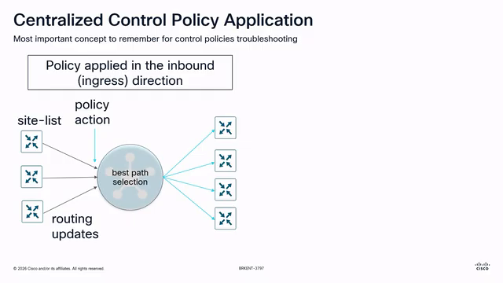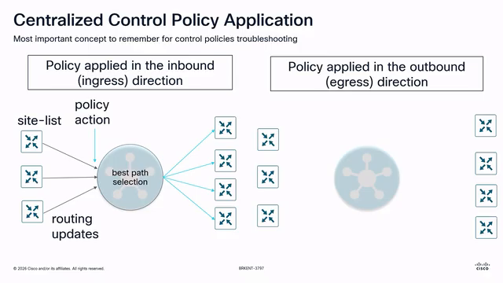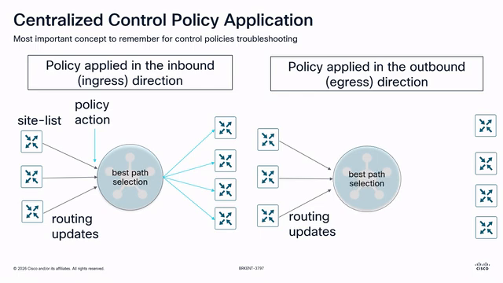And then the result of best path selection will be sent to all of the devices connected to the smart controller, right? While with an egress or outbound policy, the situation is different. So let's imagine that multiple devices are sending updates about the same prefix. The best path selection algorithm may already influence what will be considered by the outbound policy. So maybe it's equal cost multipaths, or one path is better than two others, right?